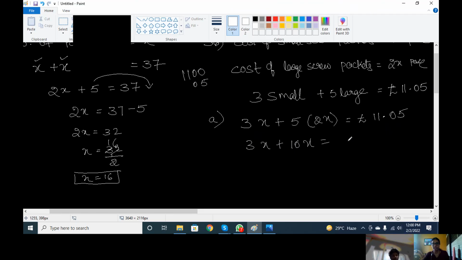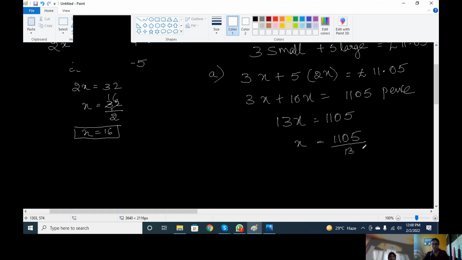So it's nothing but 1105 pence. Now add the like terms. This is also an x term, this is also an x term. 3x plus 10x gives you 13x, which is equal to 1105. Isolate the x, transpose the 13 this side: 1105 over 13.